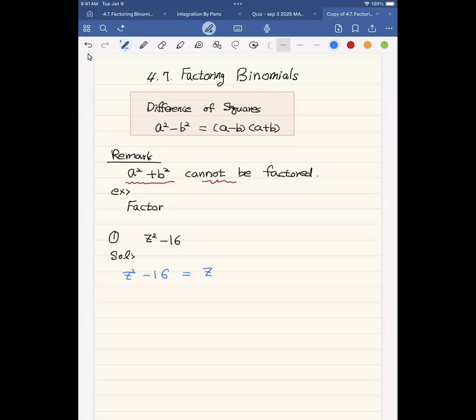We can rewrite it as z squared minus 4 squared. Then by applying the difference of squares, we factor into z minus 4 times z plus 4, a direct application of difference of squares.